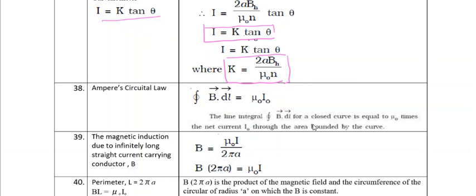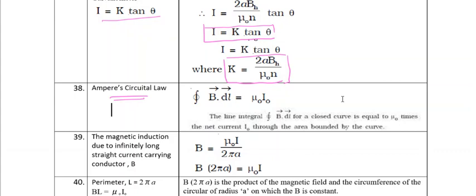So B dot dl for a closed curve is equal to mu 0 times of what? The current, net current, okay, through the area bounded by the curve. That is known as Ampere's Circuital Law.